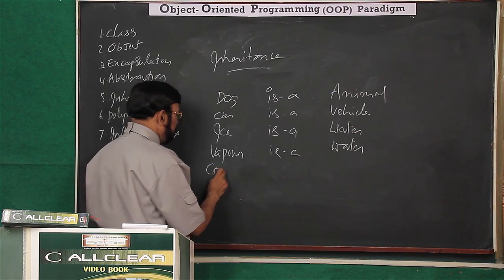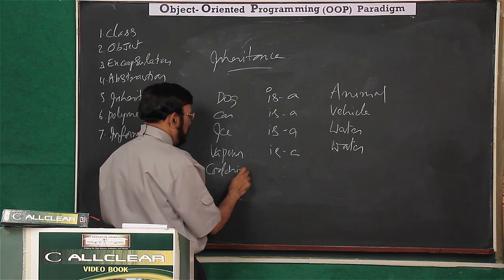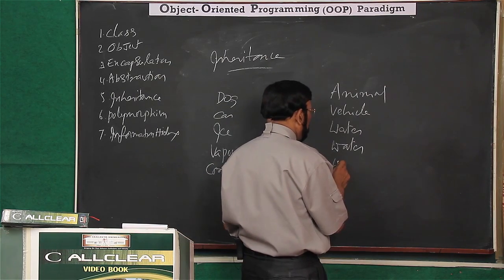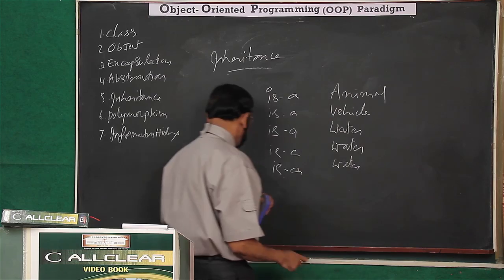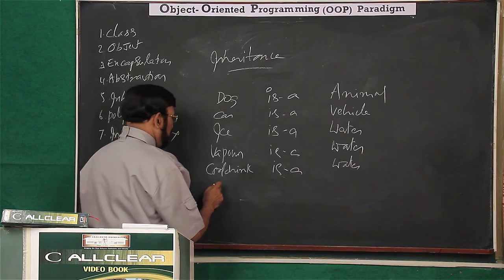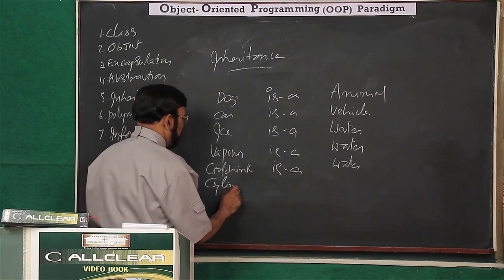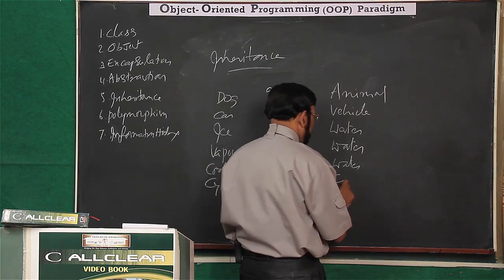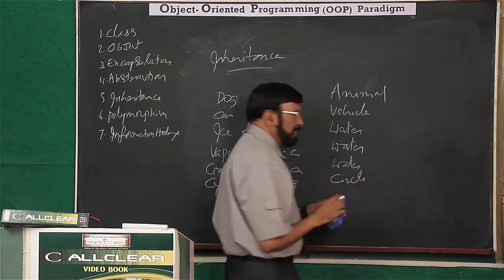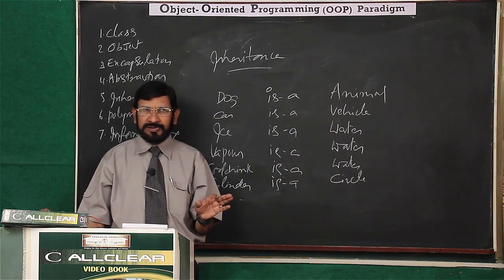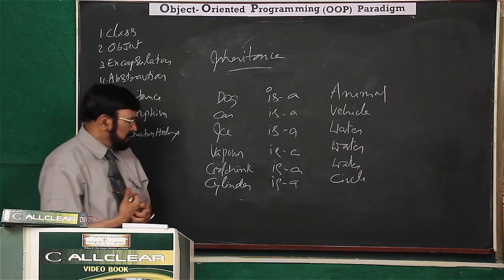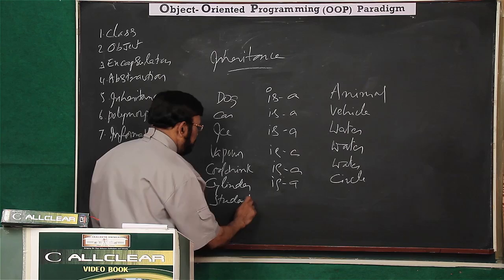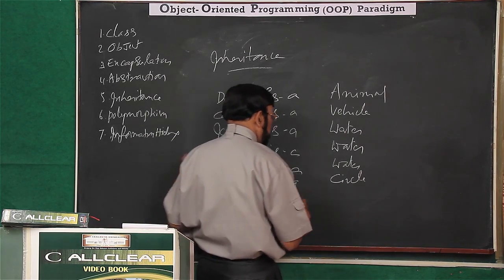Cool drink is a type of water. Cylinder is a type of circle. Just consider where an is-a relation is there, like: student is a type of employee.